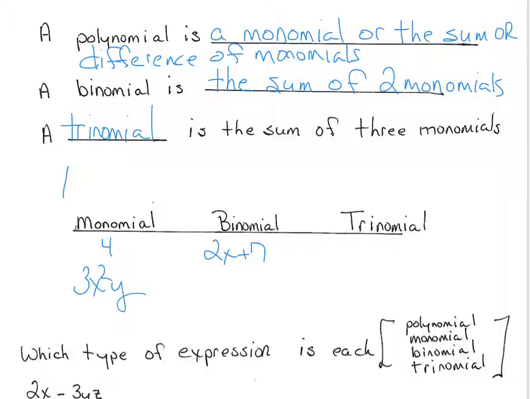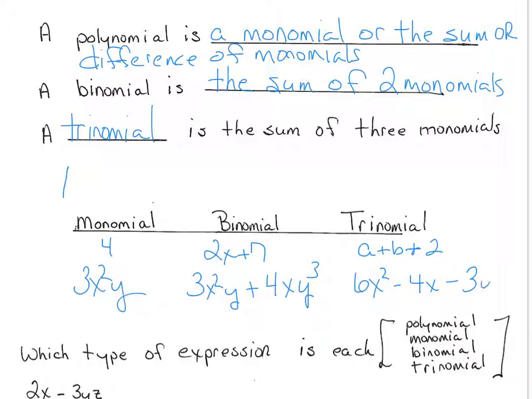Or 3x squared y plus 4xy cubed, that is an example of a binomial. A trinomial, maybe a plus b plus 2. Another example of a trinomial, 6x squared minus 4x minus 3y.